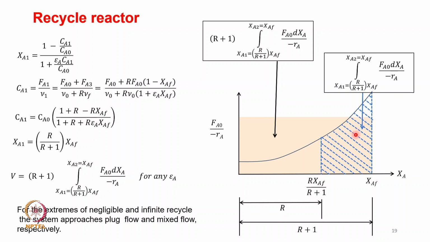And what you need to do here is, this is just this part, and you need to multiply that with R plus 1. So, the way you may assume this, if you can find out an average height and you assume this as a small rectangle, it is like multiplying that R plus 1 times. So, this is the integral of R plus 1 times the integral from XA1 to XA2 of Fa naught into dXA by minus Ra.